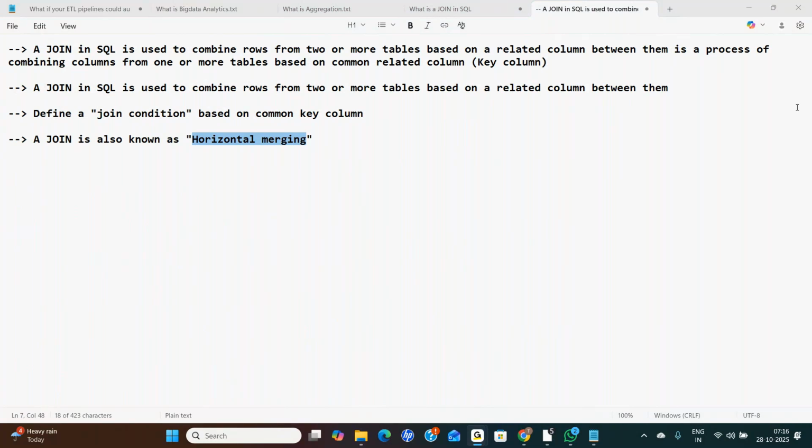Generally, this data merging process is very commonly used in medallion architecture, in the silver layer and gold layer. Of course you don't know, till now I did not explain multi-hop medallion architecture.